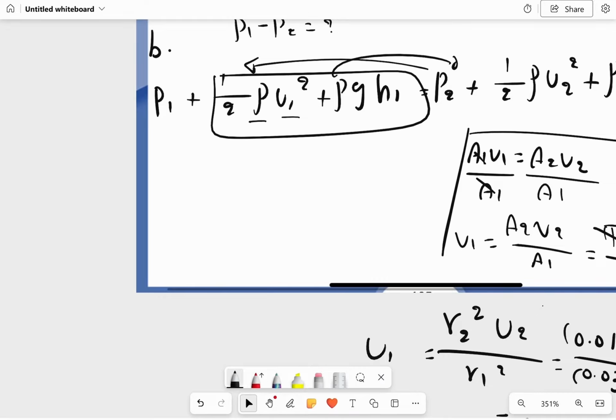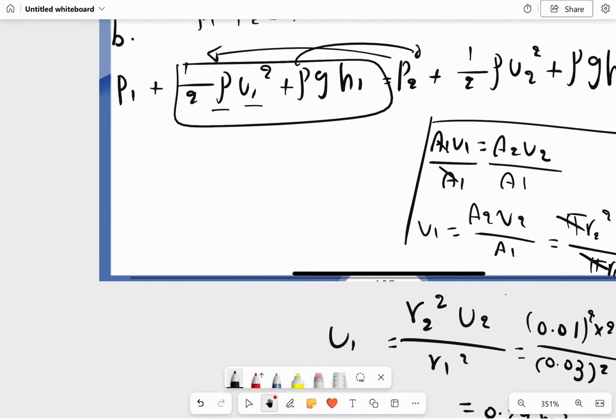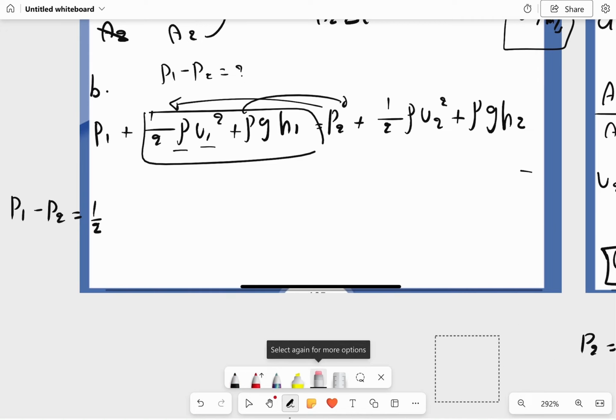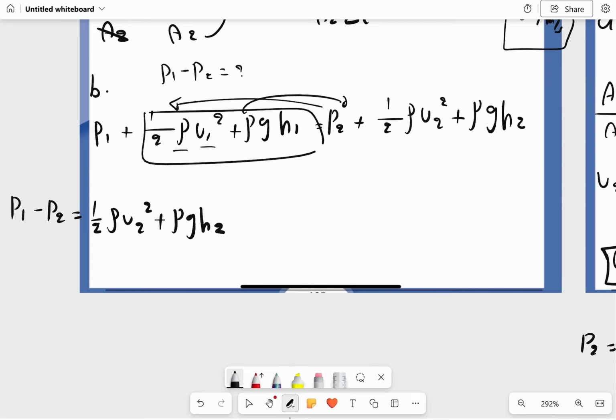So you have P1 minus P2 is equal to 1/2 rho V2 squared plus rho g h2, minus 1/2 rho V1 squared minus rho g h1.